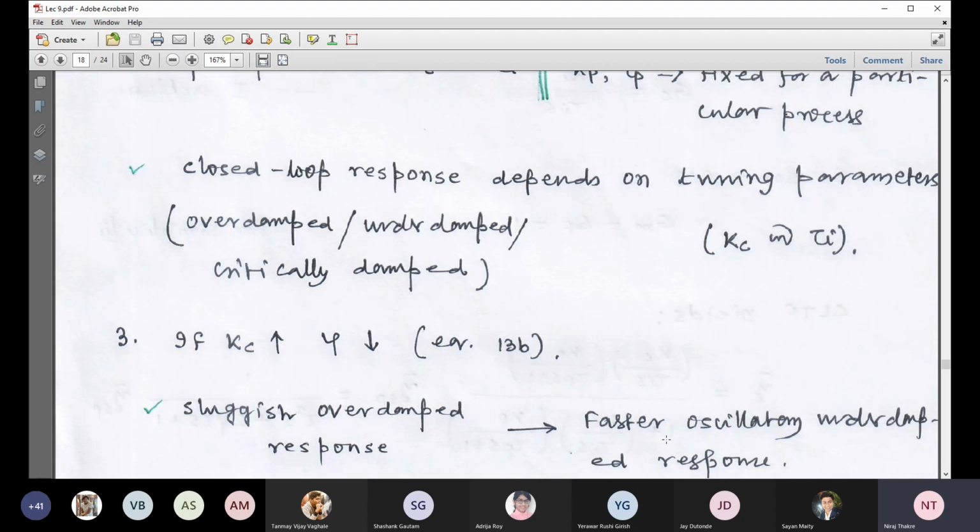It means if you have initially overdamped response and you increase Kc further, you may get oscillatory underdamped response. I repeat, suppose your closed loop process is initially showing overdamped response and you increase the Kc value further so that zeta gets reduced and is in between 0 and 1. In that case, we will have faster oscillatory underdamped response.